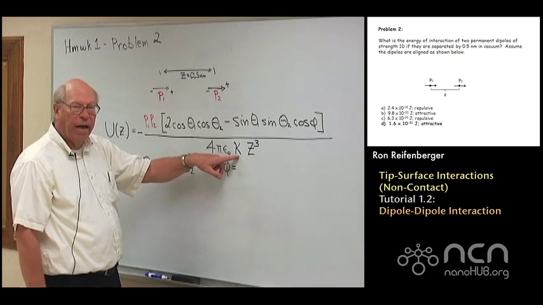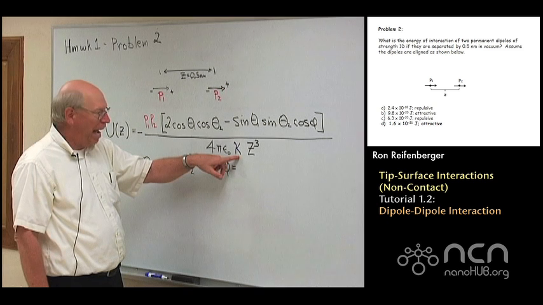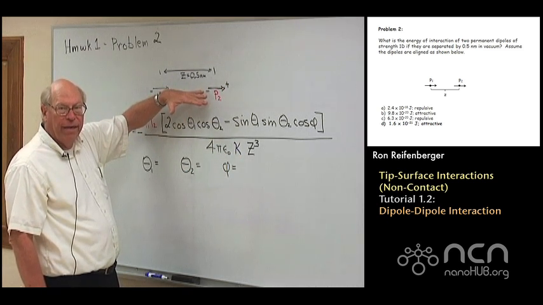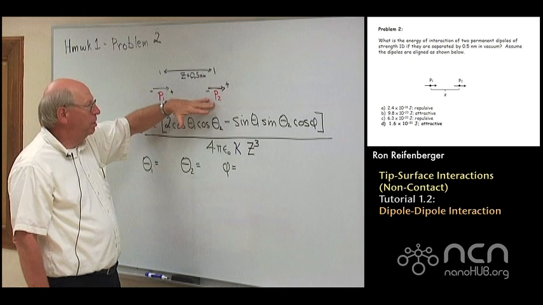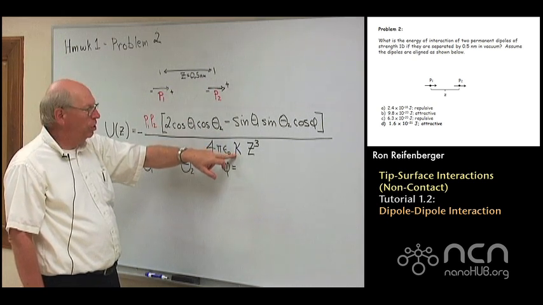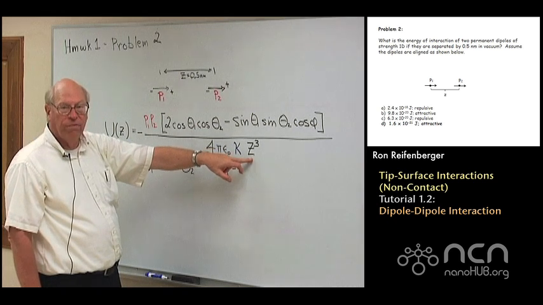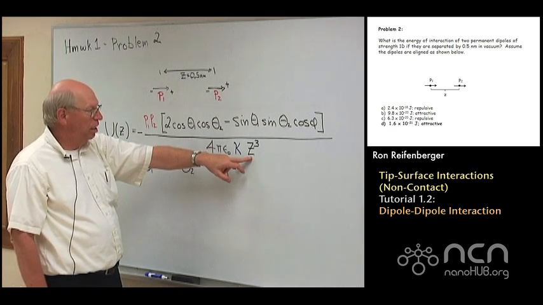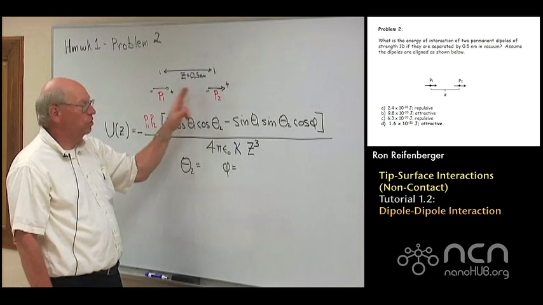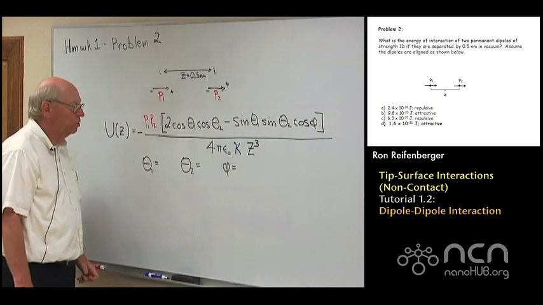Epsilon naught is multiplied by the dielectric constant kappa of the material in which the dipoles are embedded. In the problem statement, the dipoles are embedded in vacuum, so that implies that kappa is equal to unity. And the most important feature of this equation is that the interaction potential energy varies as 1 over z cubed, where z is the separation between the two dipoles.